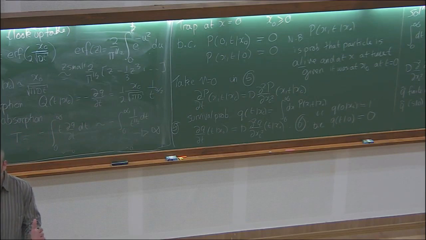If it goes towards the origin and gets absorbed, all well and good. But it could go the wrong way. And then it's got an infinite space out there, and it can keep going. For those trajectories where it goes in the wrong direction a long way, it takes a very, very long time for it to come back. And those trajectories mean that the average time for it to be absorbed is infinity.